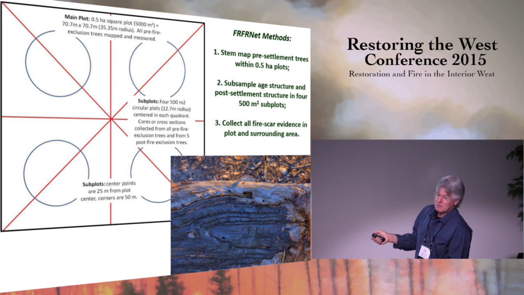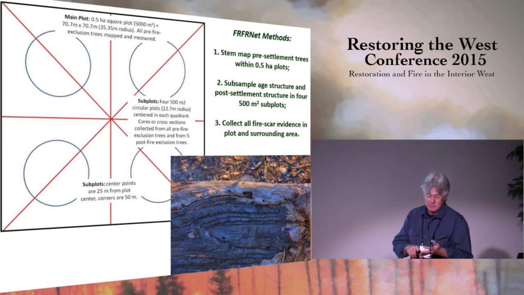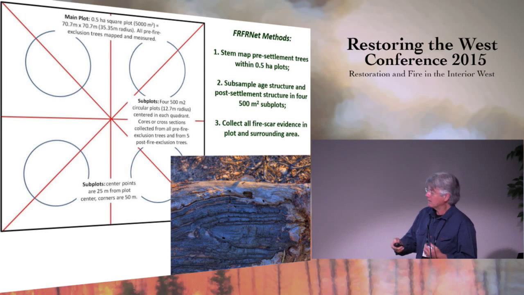So basically, this is our basic design for the study. We stem map all of our pre-settlement trees over the whole half hectare. We're calling pre-settlement anything over 25 centimeters, but it has to have old growth characteristics, old tree characteristics for it, so bark coloration, canopy structure, and so on, and any remnants.